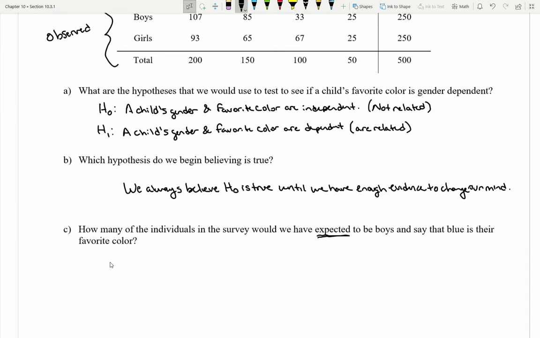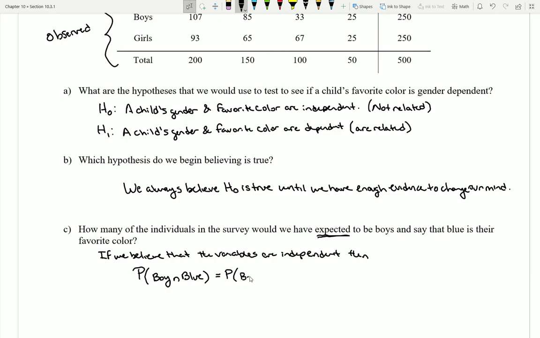All right, so in order to compute that, I would say, well, let's see. If we believe that the variables are independent, then it should be the case that the probability that I get a boy and someone who says that blue is their favorite color should just be equivalent to the probability of selecting a boy times the probability of getting someone who likes blue.